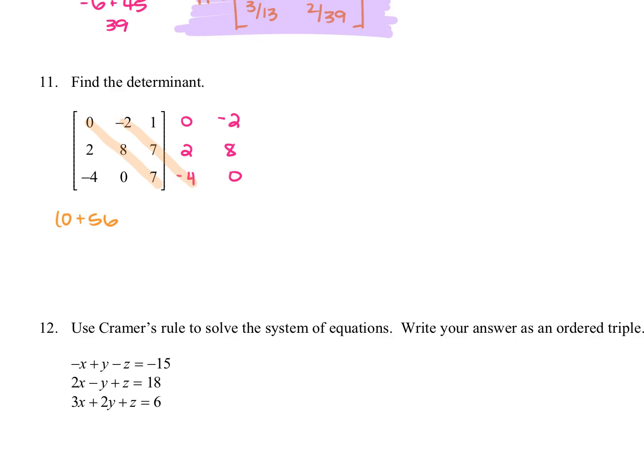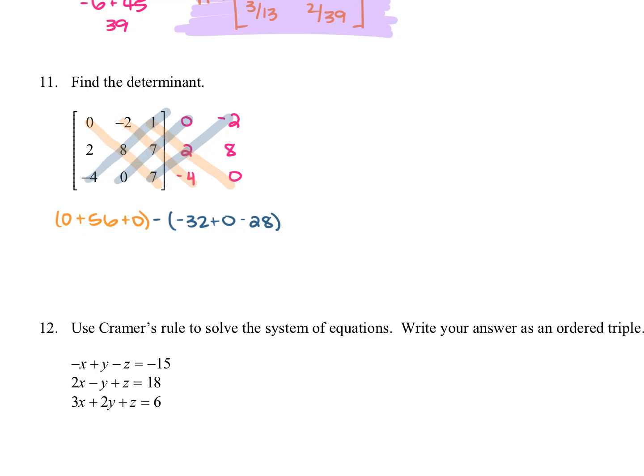Then your 1 times 2 times 0, which is 0. And you're going to subtract that with your multiplication from bottom to top. So negative 4 times 8 times 1 is negative 32. 0 times 7 times 0 is 0. And 7 times 2 times negative 2 is negative 28.